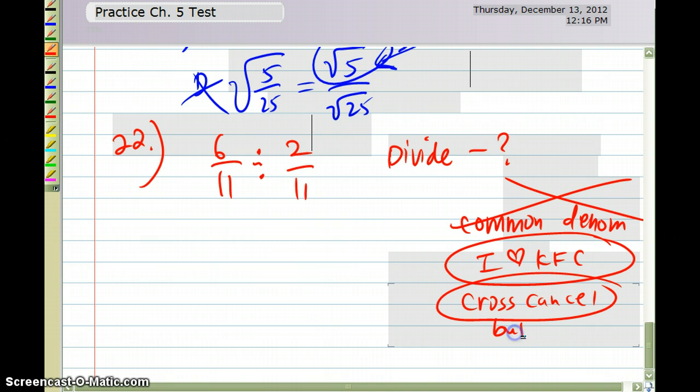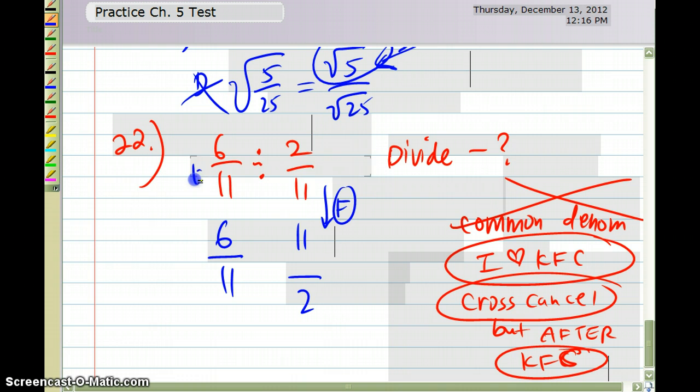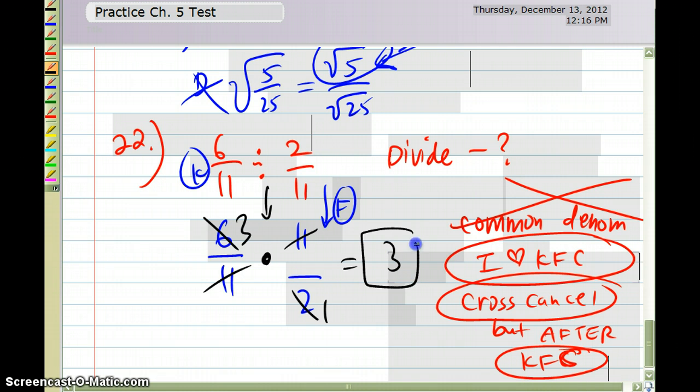Yes, but after you do KFC, after you change the sign, because once it's multiply, then you can cancel. So let's do that. Nothing is improper, so I don't need to change anything to improper. K, keep the first. F, flip the second. And C is change sign. So I'm going to change that to multiply. I'm going to cancel the 11s. Cancel the 6 and the 2, getting 3 and a 1. Answer is 3. Awesome. Answer D.